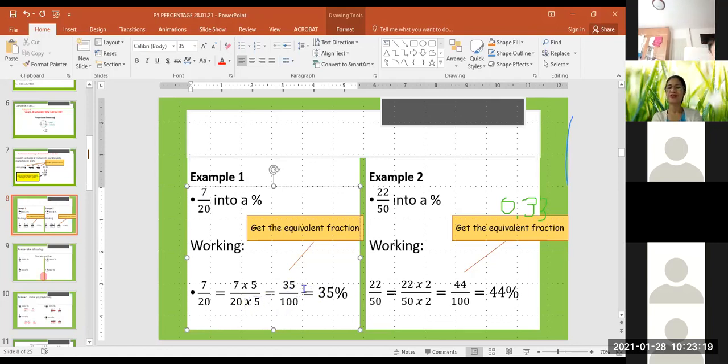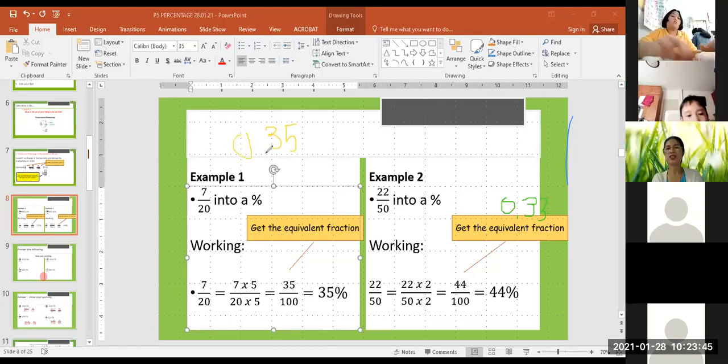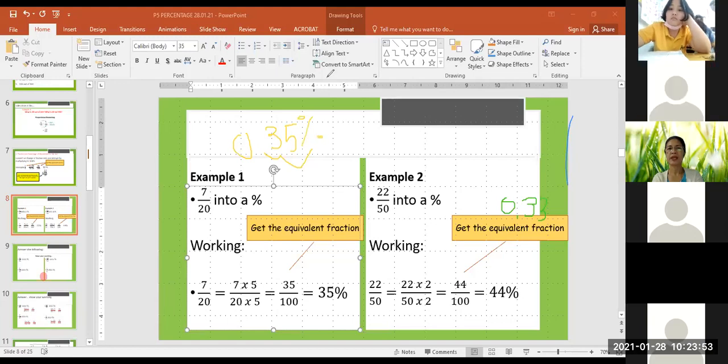Now you already have 35 over 100. So simply you're just going to move your decimal places, add the percent symbol, and erase the 0. There you get 35%, just as simple as that.